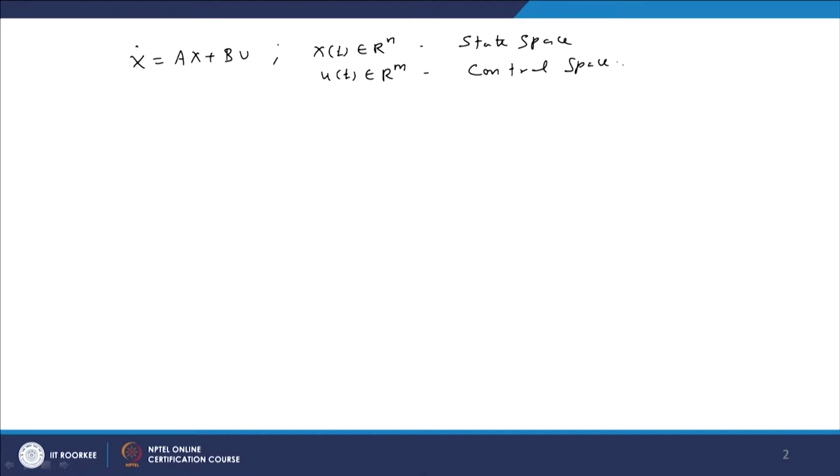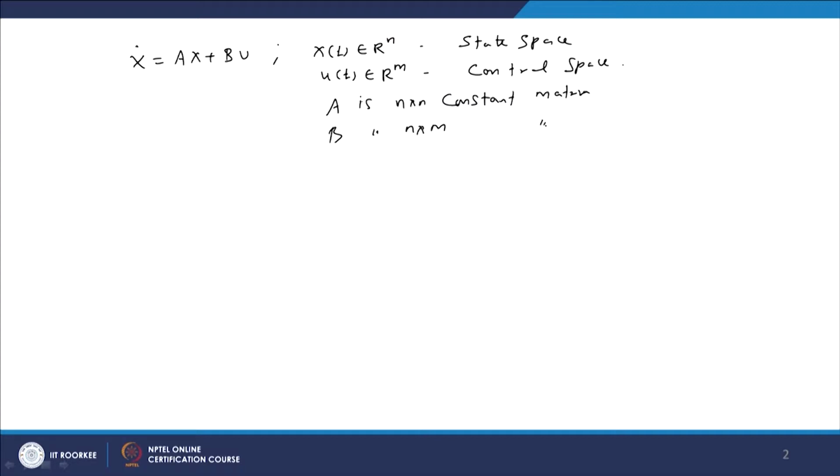So, x of t belongs to Rn for each t as a constant vector, where A is an n cross n constant matrix, and B is an n cross m constant matrix.